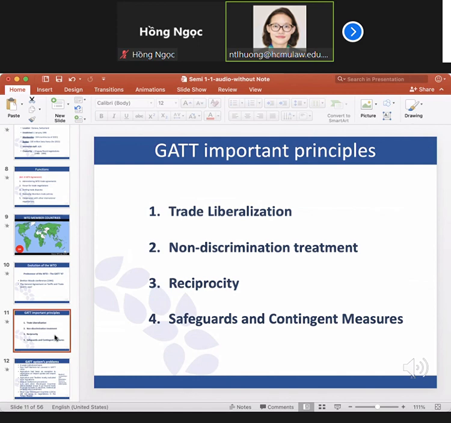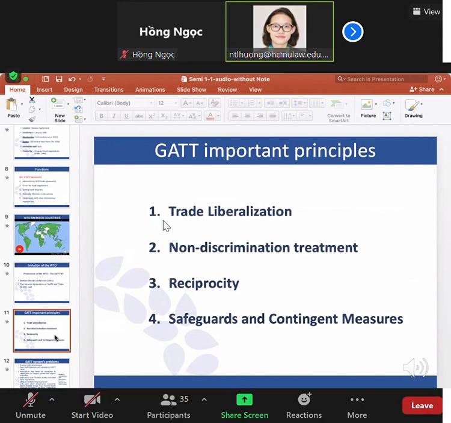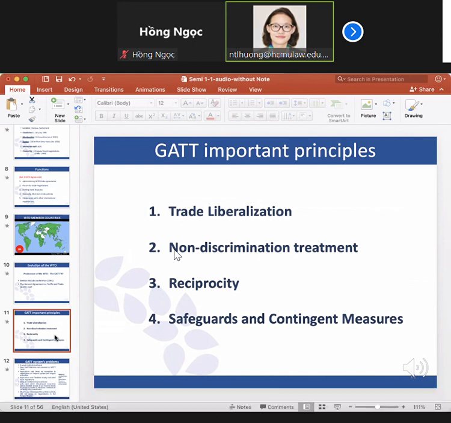The first one is trade liberalization. The second one, non-discrimination treatment. And thirdly, reciprocity. I hope that you have heard about this word before. And the last one, safeguard and contingent measures.